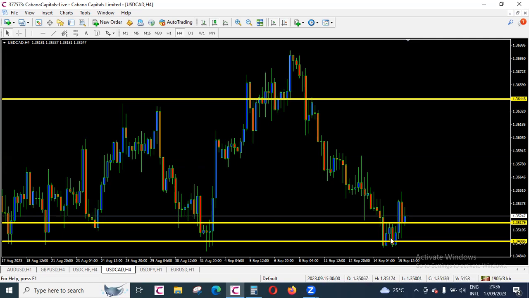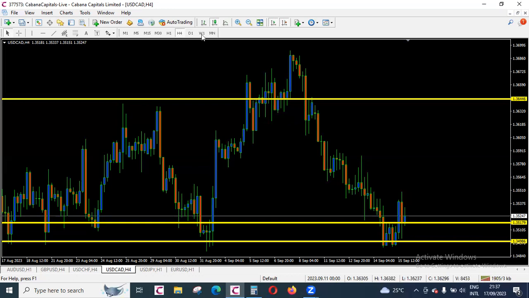Weekly is saying sell. 4 hour says buy. Daily says buy. Can you see that? So how do we trade this? Now, if a candlestick closes below this support, you should expect more bearish move on USD CAD.